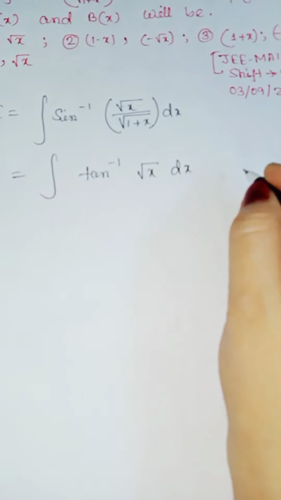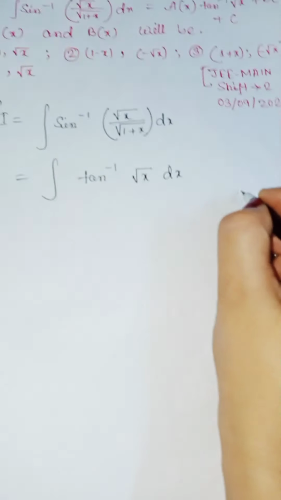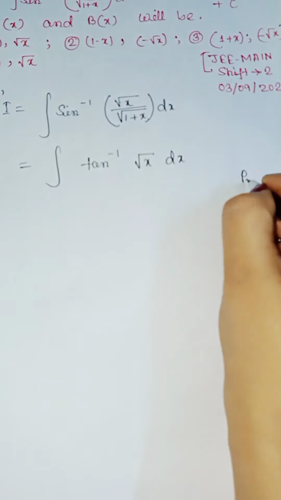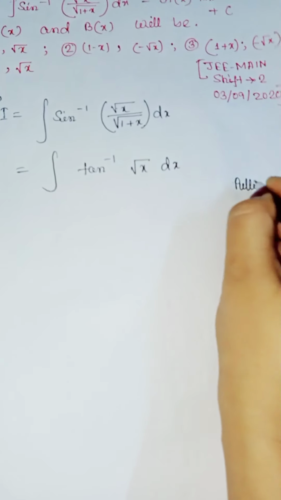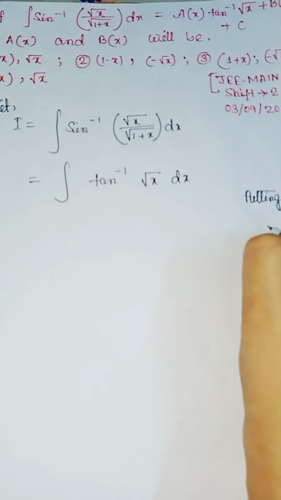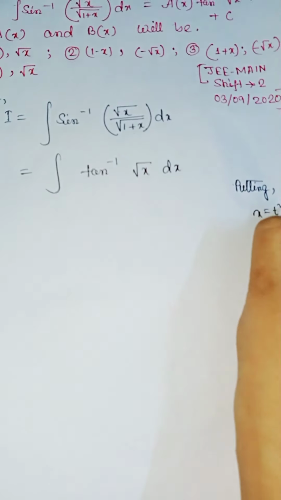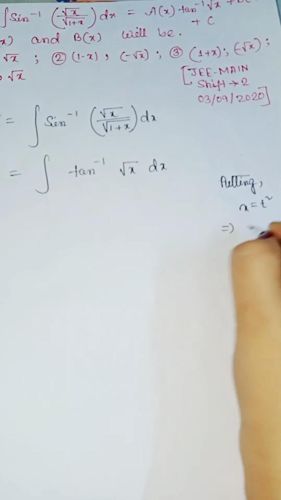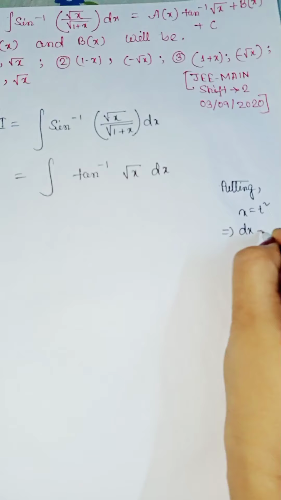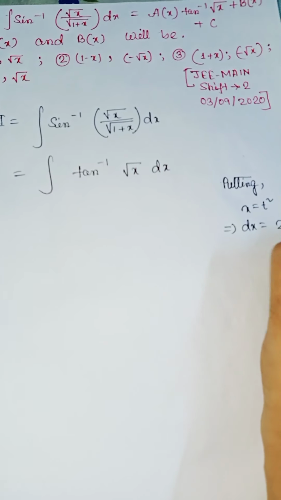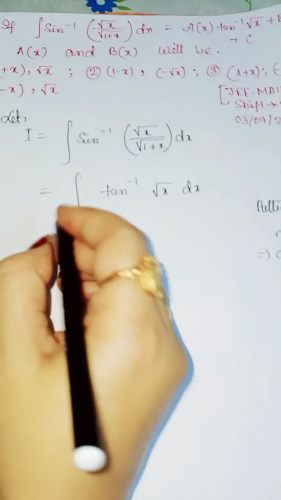Now putting x is equal to t square. Differentiating both sides, we get dx is equal to 2t dt.